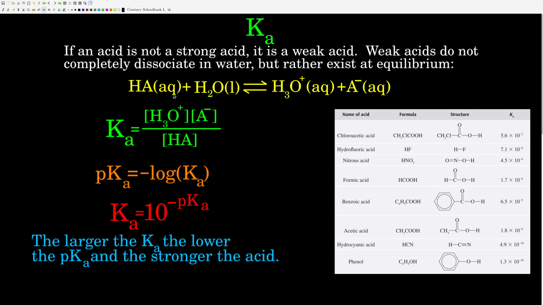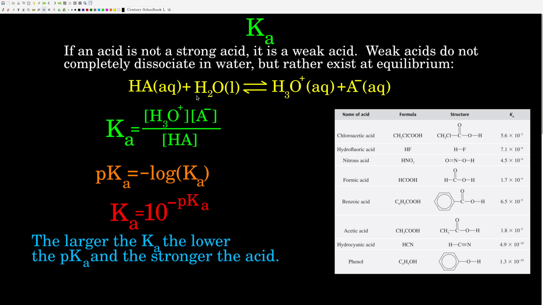And exactly identical to this equation, without the water, would be HA in equilibrium with H plus and A minus. Same thing. You can write it either way. We do it both ways. So now we're back into the equilibrium stuff, guys. The equilibrium expression for this reaction, because it is a heterogeneous equilibrium, where we do not include anything that's liquid or solid, means the water, the H2O, does not appear.